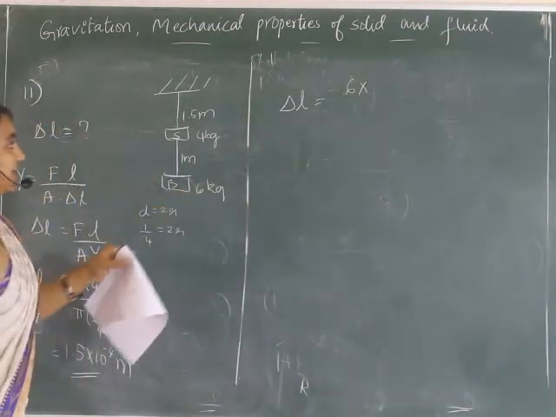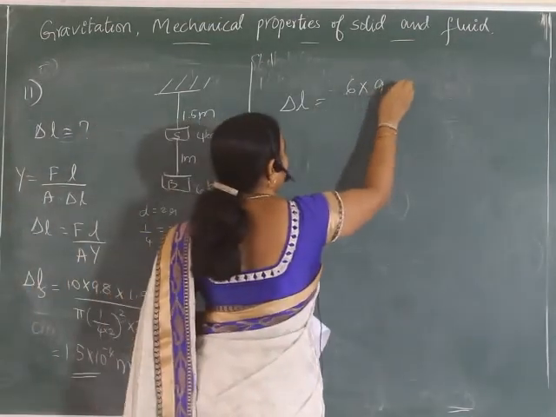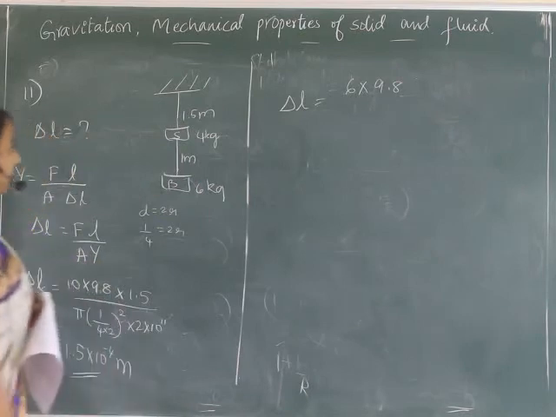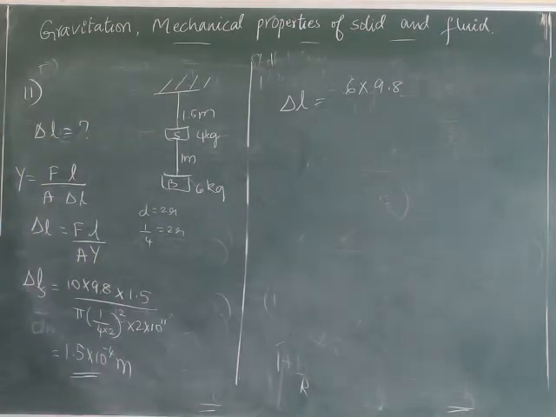Mass is only 6, acceleration due to gravity 9.8. What is the length now? Total length from here to here, that is 2.5.